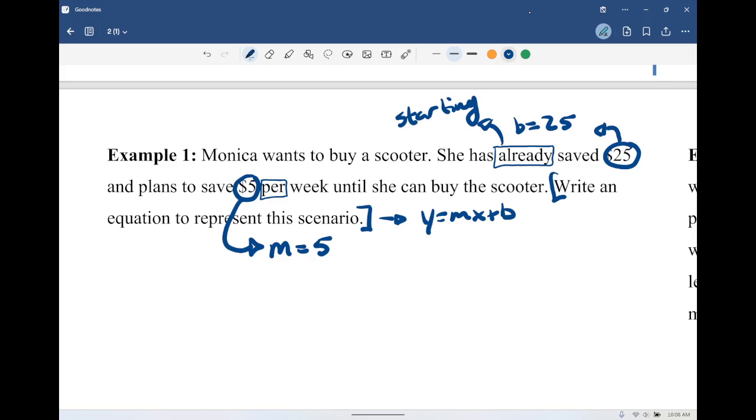All right, I know M equal to 5, B equal to 25. Raise your hand. What is the equation? Shamik.